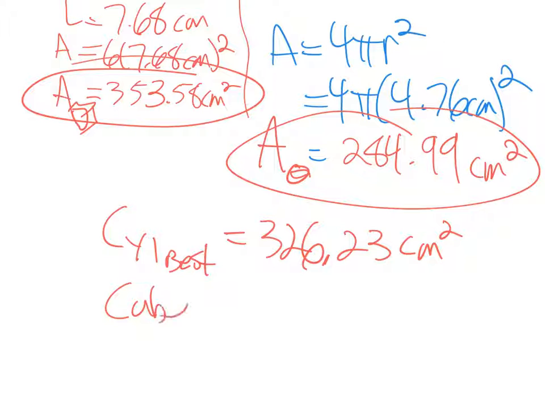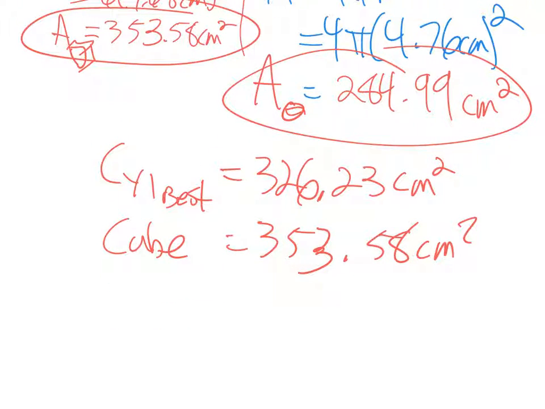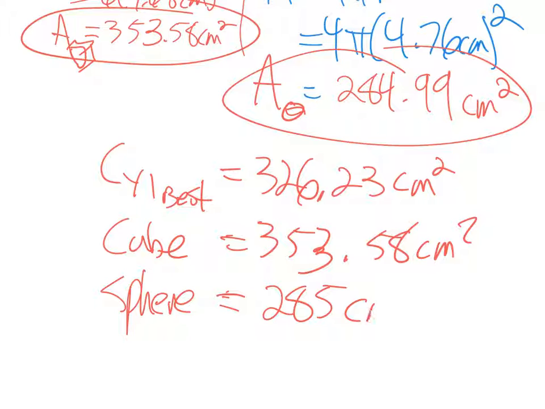The cube had an area of 353.58 centimeters squared. And the sphere had an area of 285 centimeters squared. So the sphere then is the most efficient shape.